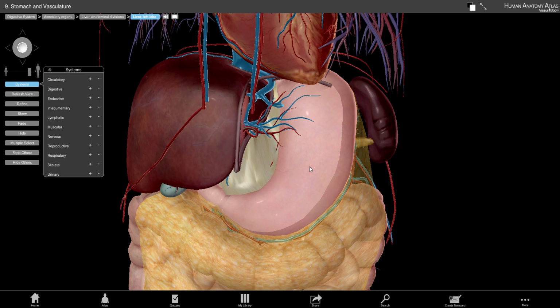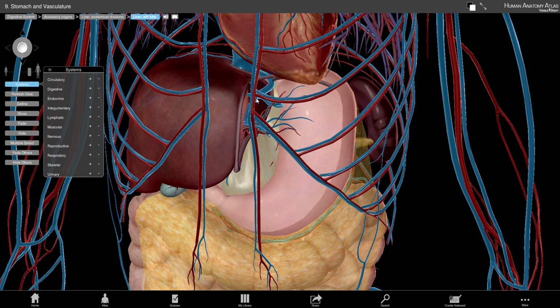Let's talk now about the blood supply. The stomach is supplied by the arteries which arise from the celiac trunk. Let's see the celiac trunk.